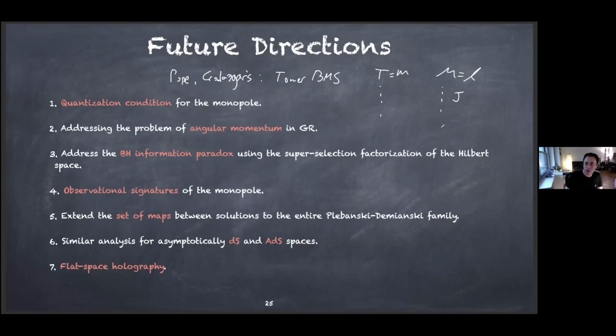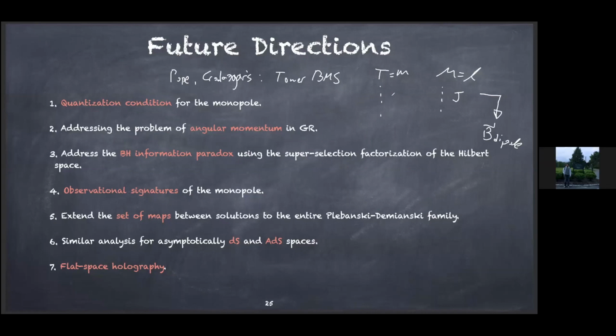And the reason that I suspect that is that in the geodesic equation, the angular momentum of Kerr gives a magnetic field of a dipole. So that suggests that Kerr angular momentum is a subleading dual charge.